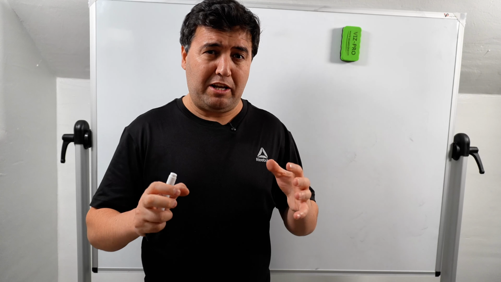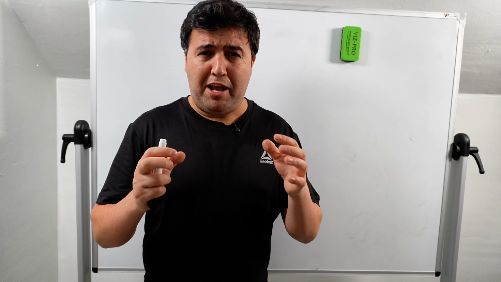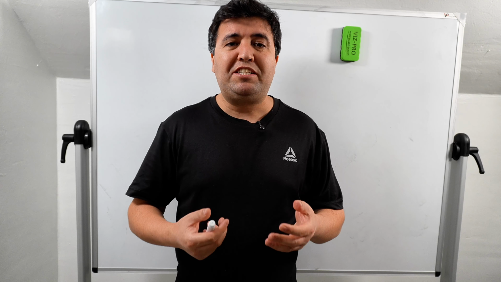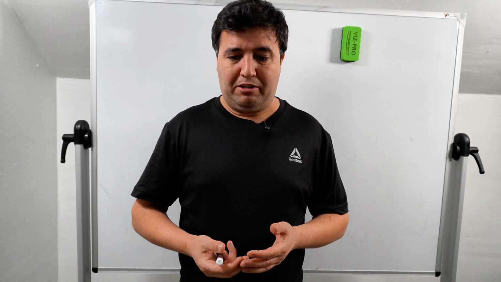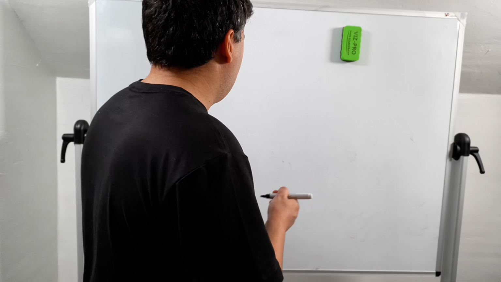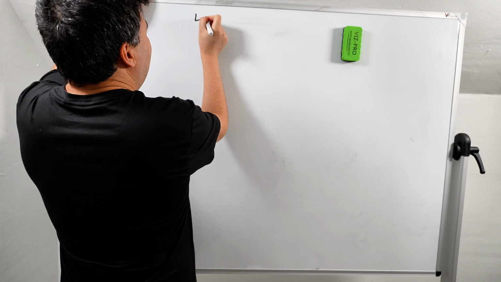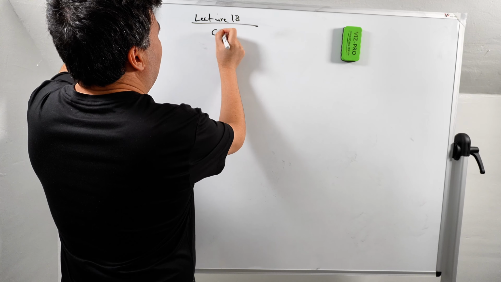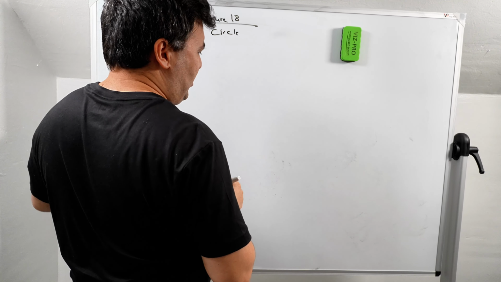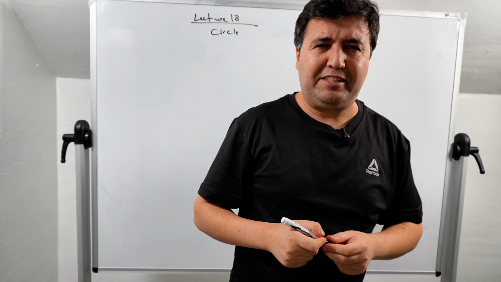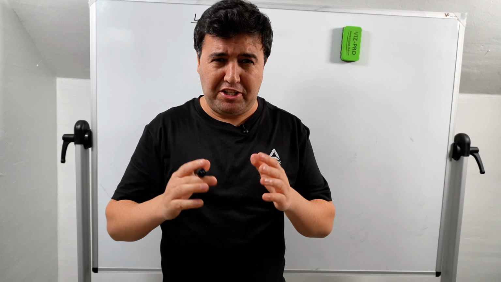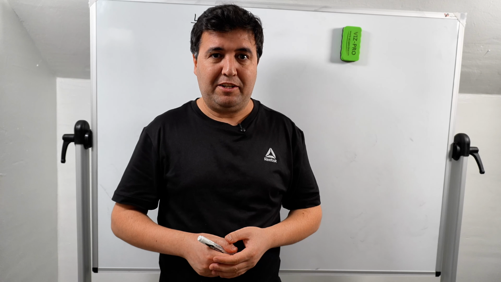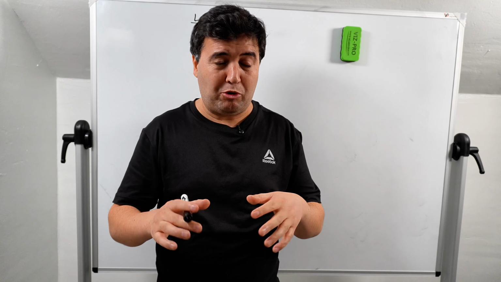So in today's lecture, we're going to write another program in C++, which calculates the area and perimeter of a circle. We are in lecture 18, so you should be able to write this program.